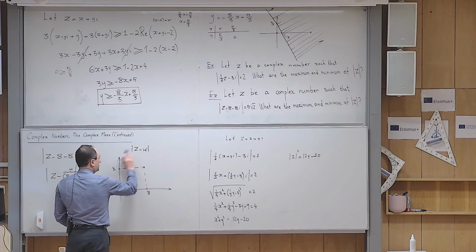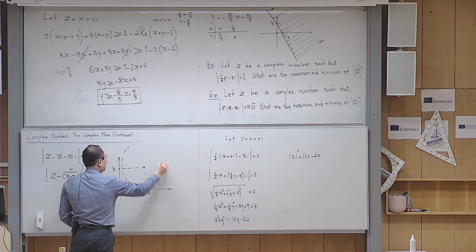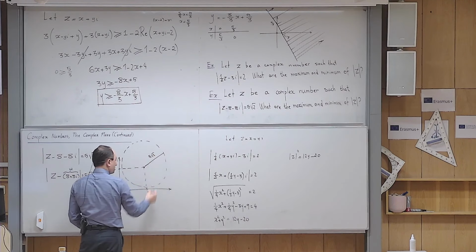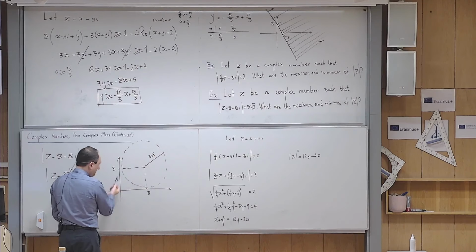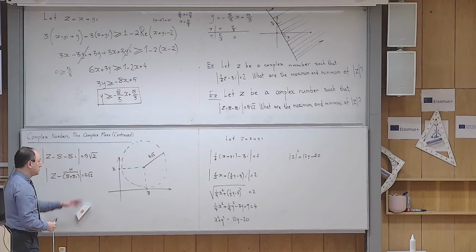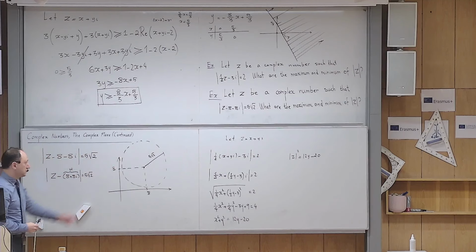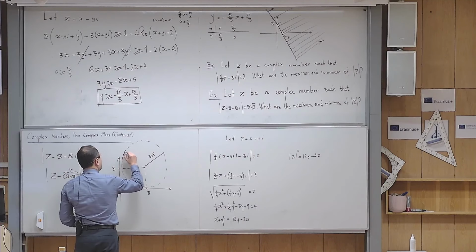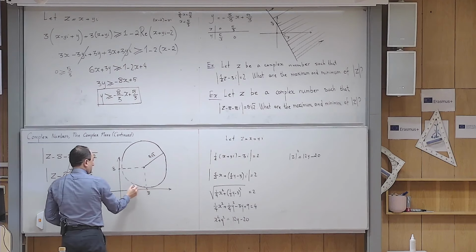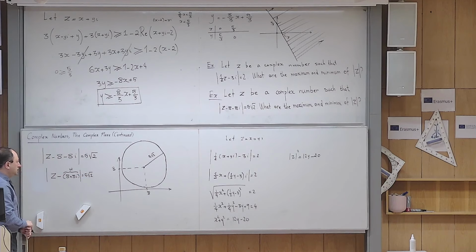It would be something like this. It is important to realize it will not cut the axes, because 5√2 is less than this distance 8. So that is the picture. Of course, I have to draw it with a solid line. Okay, this is my circle.